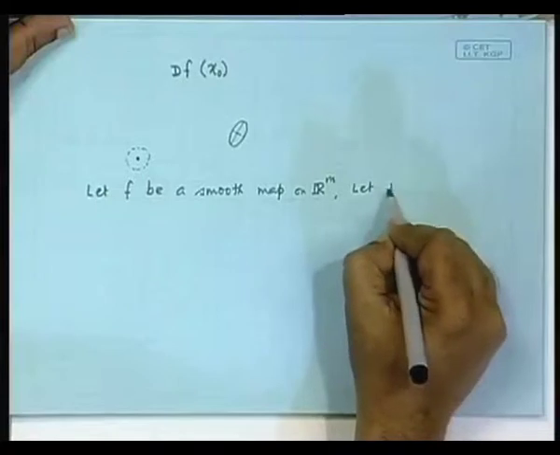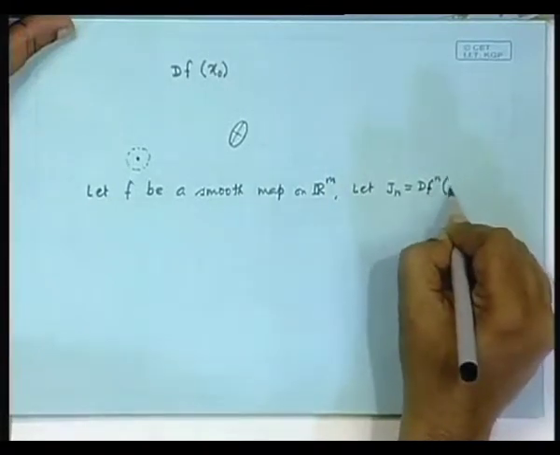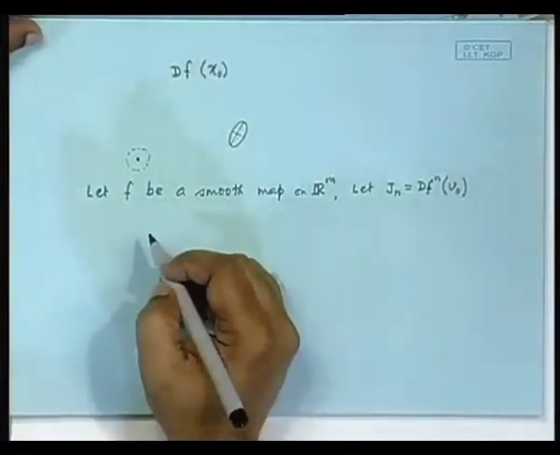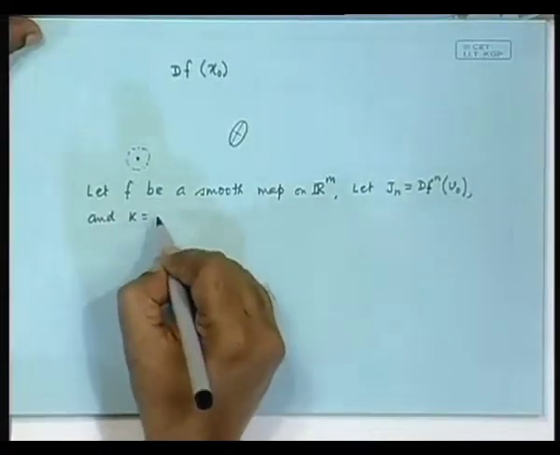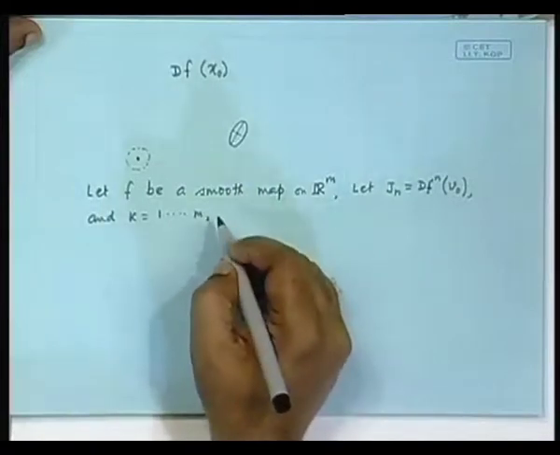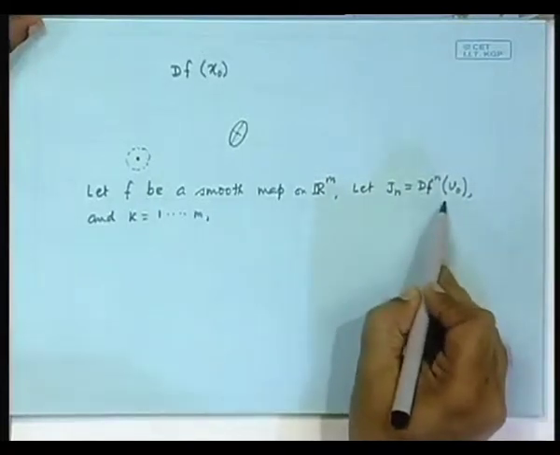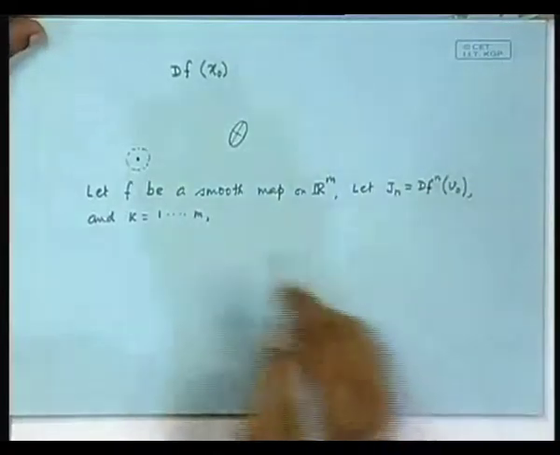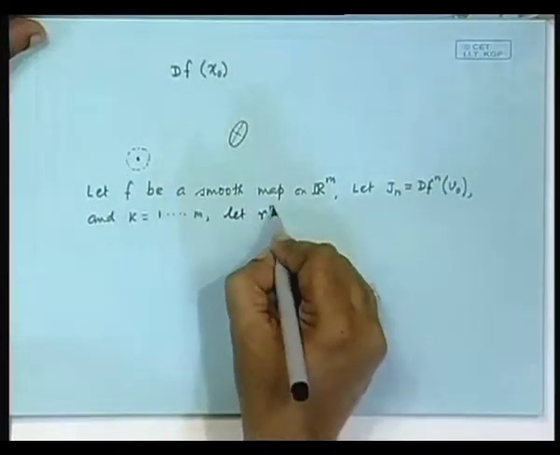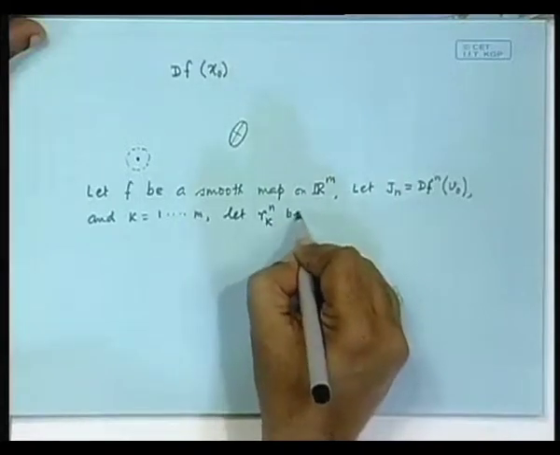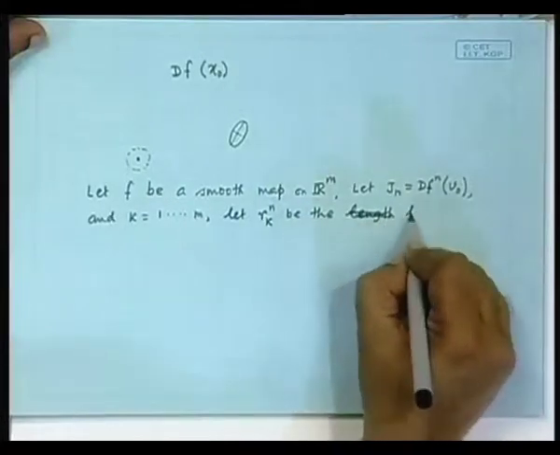Let Jn, so, these are the Jacobian matrices, okay, and k varies from 1 to m, and let R n k be the longest.